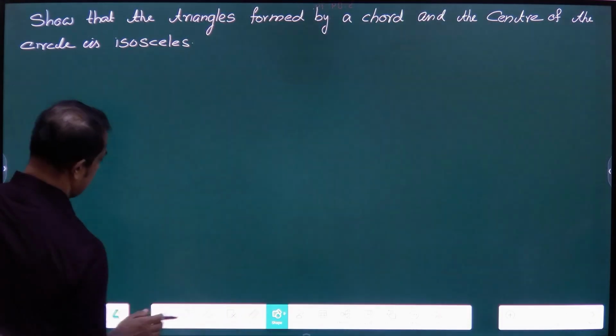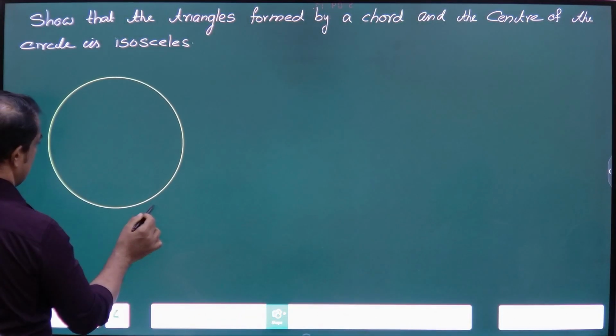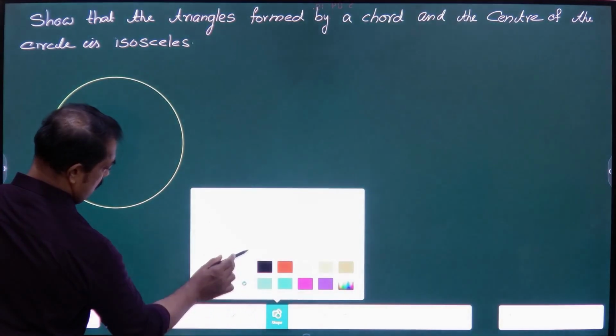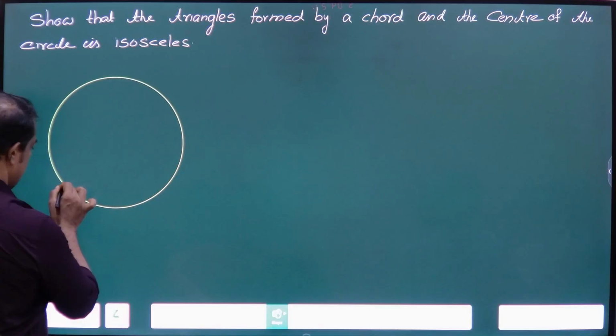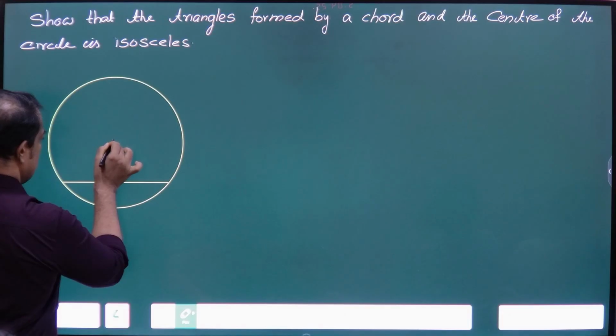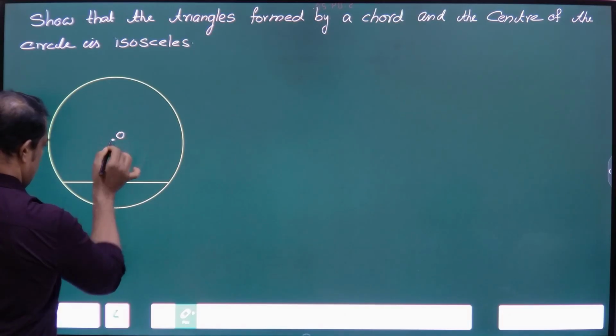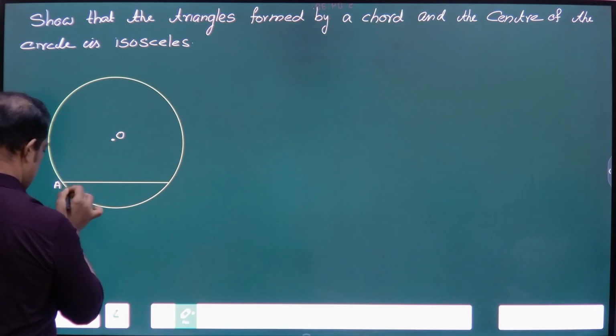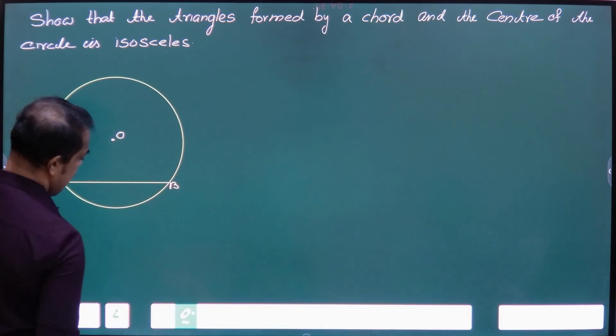Both simple. So draw a circle. Draw the chord of the circle. O is the center. AB is the chord of the circle.